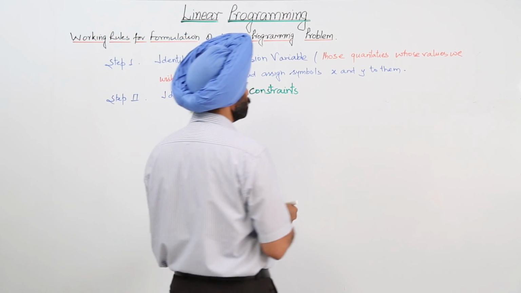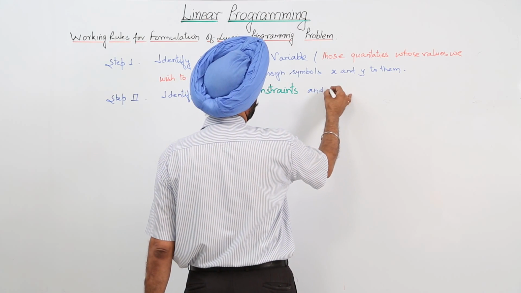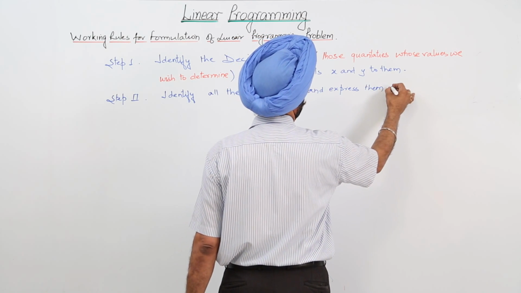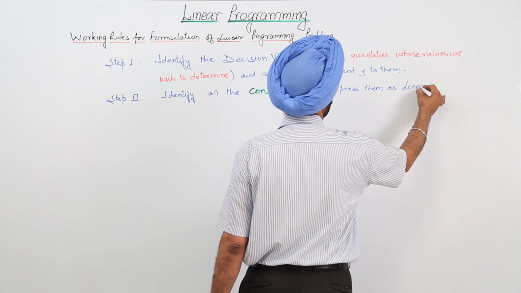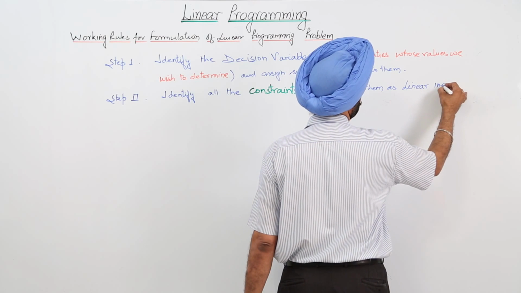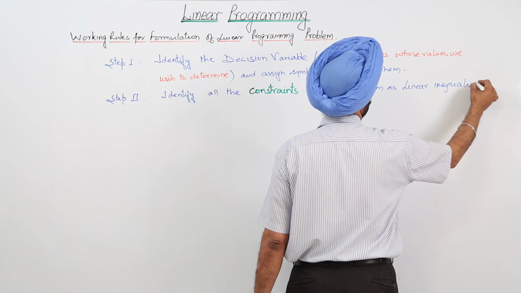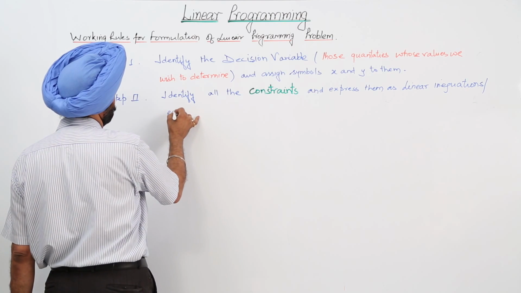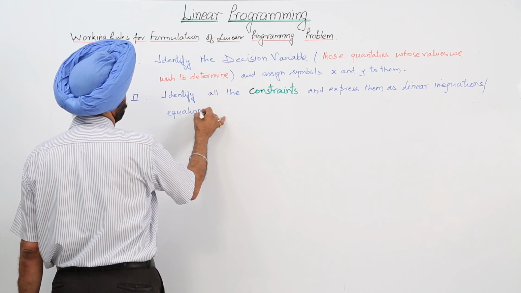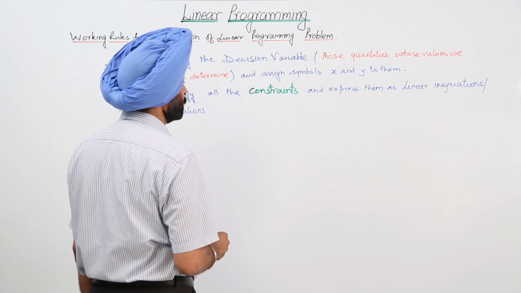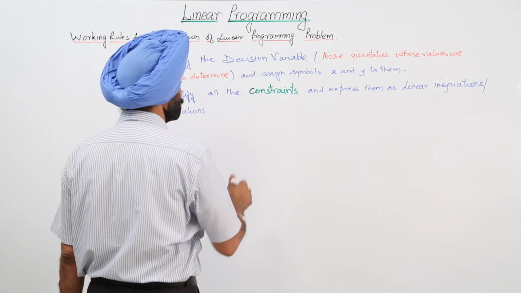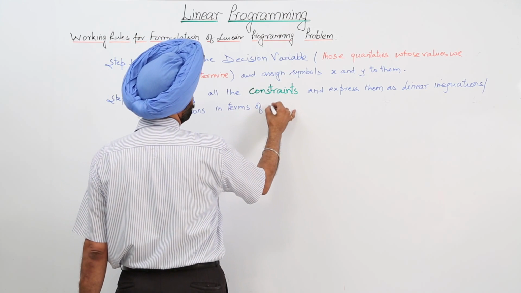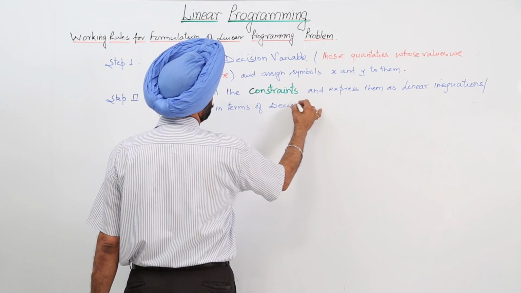Okay, so identify all the constraints and express them as linear inequations or equations in terms of the decision variables.